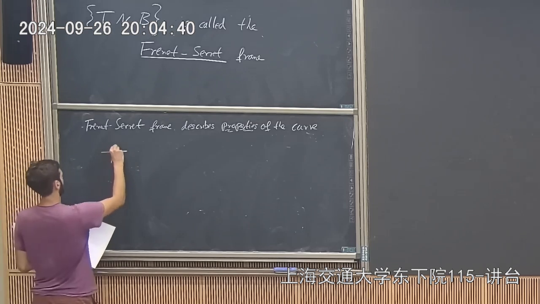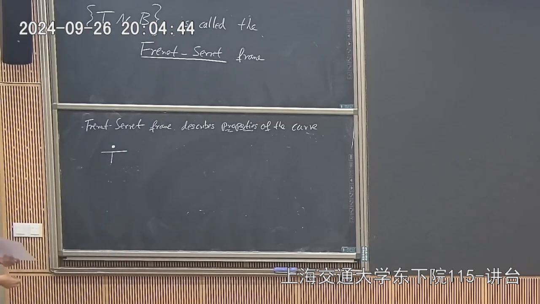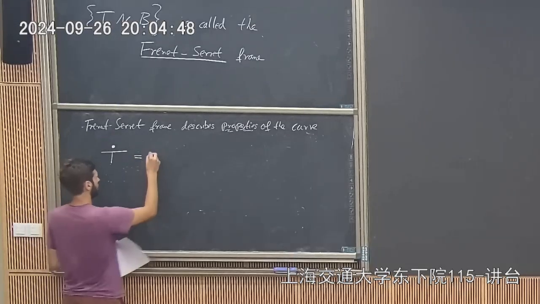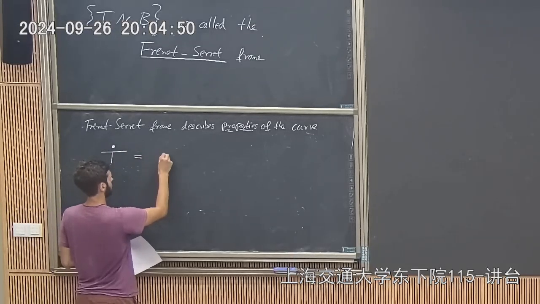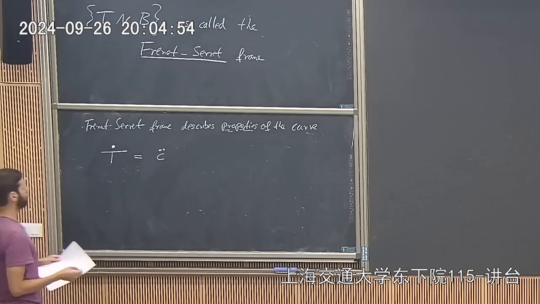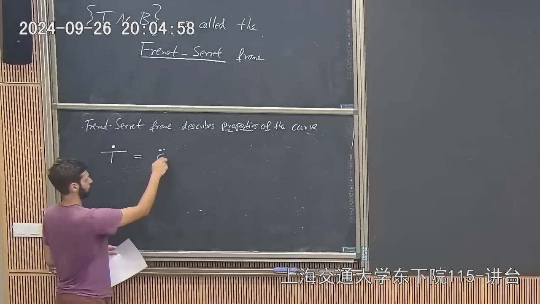We first take the derivative with respect to time of the tangent vector field, because that's the simplest. T itself was just the first derivative of the curve. So we take now the second derivative.